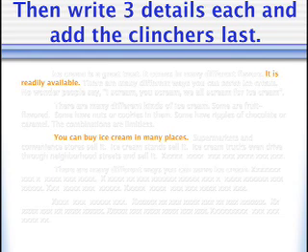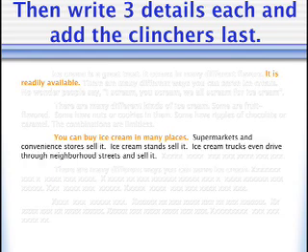Instead of repeating the sentence, "It is readily available," we can restate the idea as, "You can buy ice cream in many places." Because the topic sentence is now broader, it becomes easy to write 3 details supporting the idea that you can get ice cream from many different places. Once again, the clincher echoes the topic sentence in the paragraph.